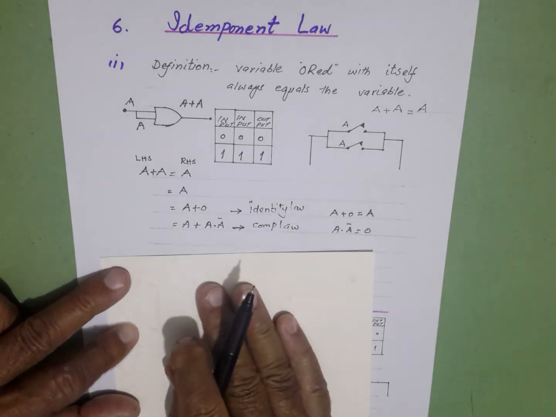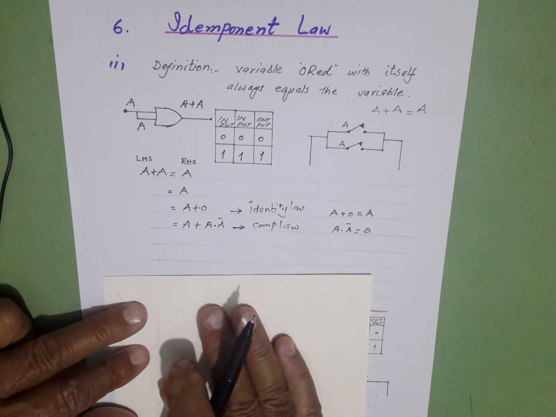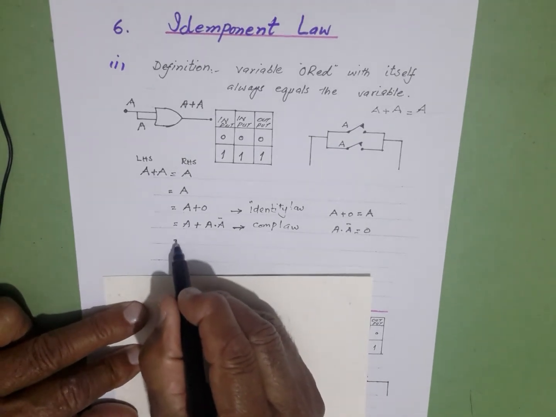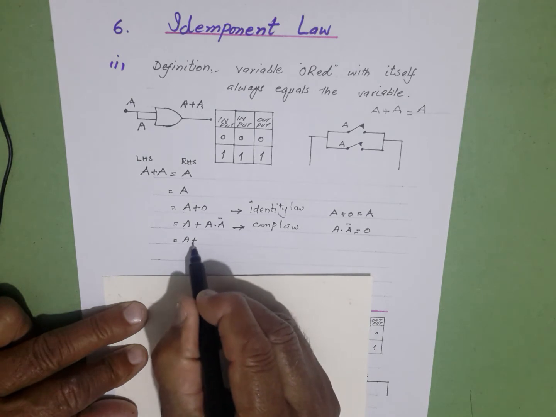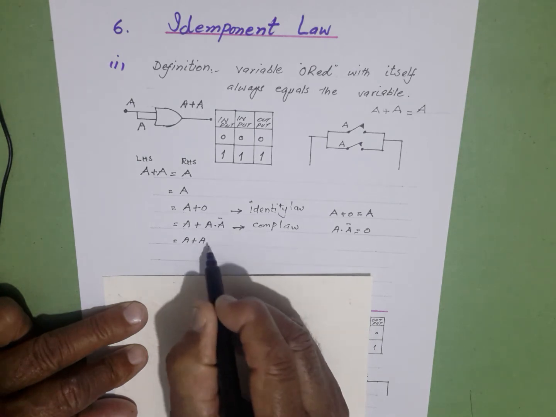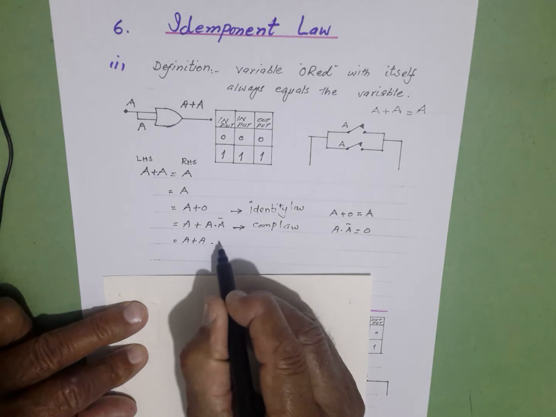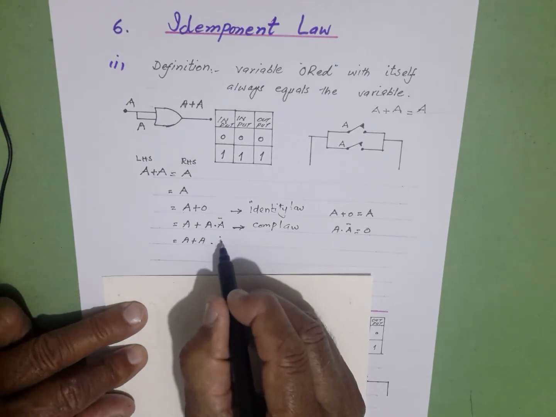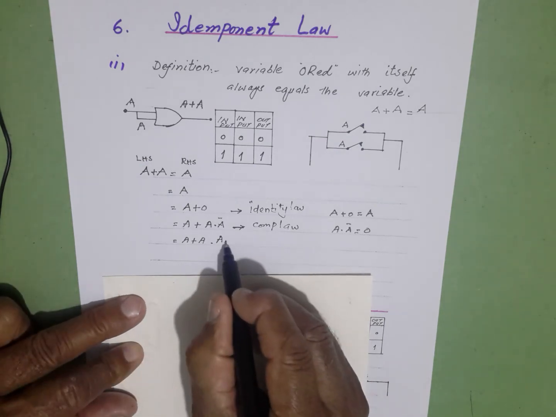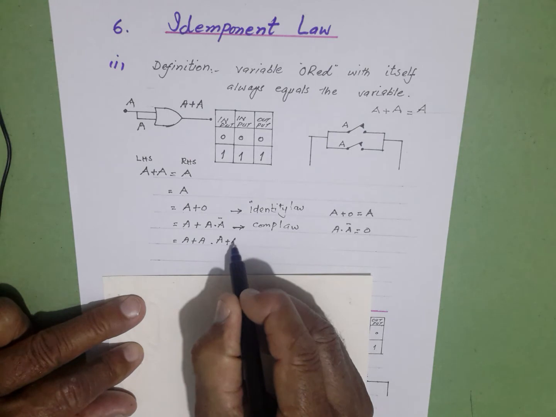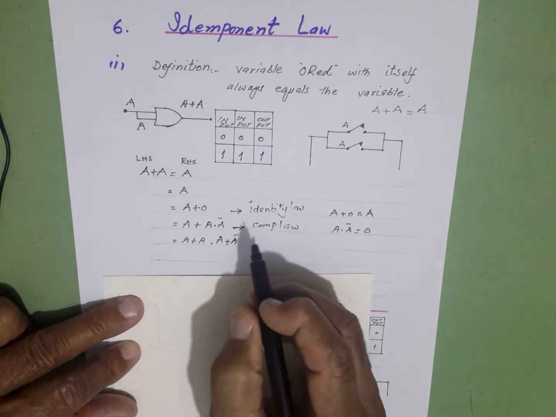This can be further written as A plus A into A plus A bar. Why?